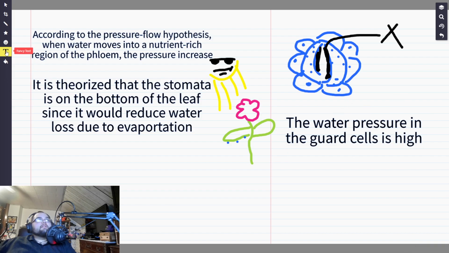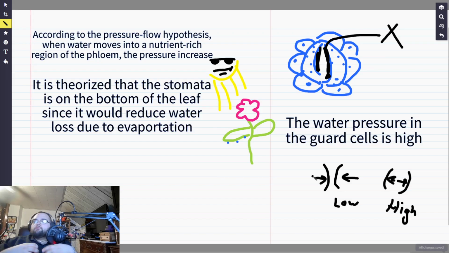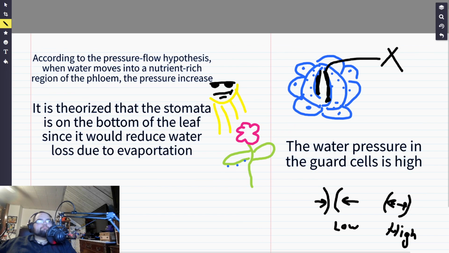So if it is thin and squeezing in on it, then the pressure is low because there's nothing pushing out. But if it is wide and concave, caving out rather than convex, then it is high because the water is pushing out more than the outside's pushing in. Does that make sense? So if it's looped out like that, the guard cells are high.